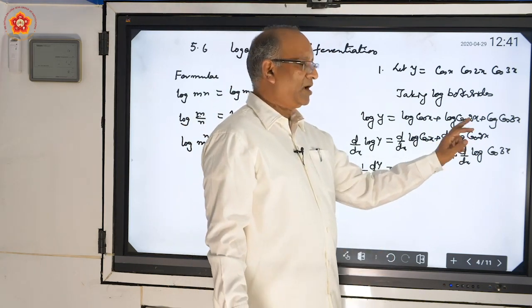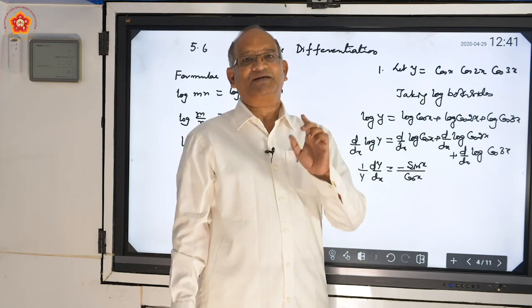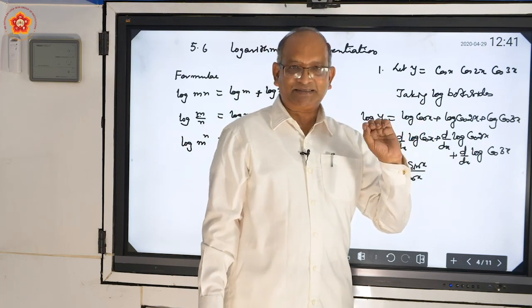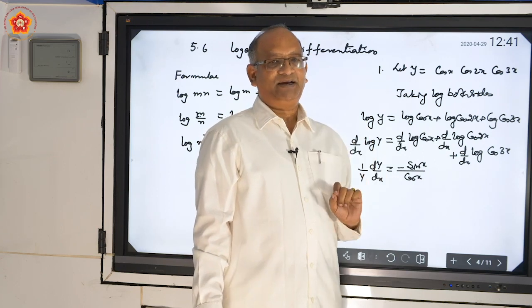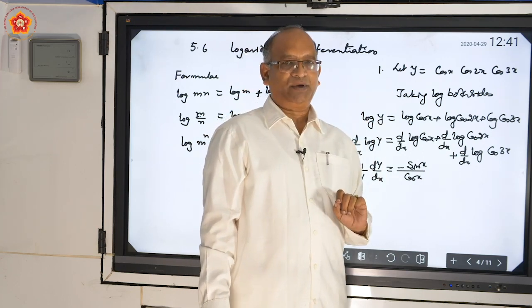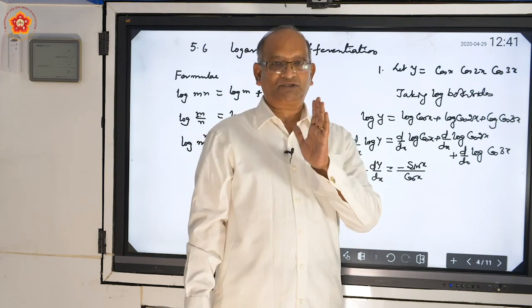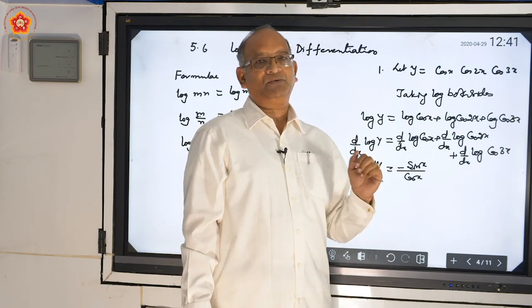When we come to log of cos 2x, it is a function of function of function. We take cos 2x as t, and log t becomes 1 by t when we find the derivative. To find the derivative of cos 2x, we take 2x as u, it becomes cos u, and the derivative of cos u is minus sin u.